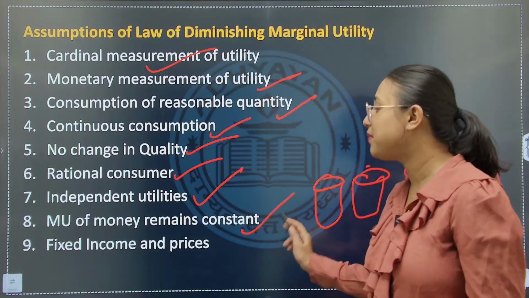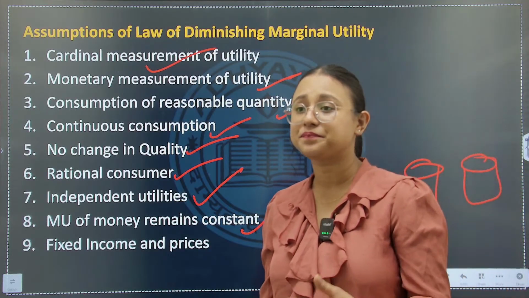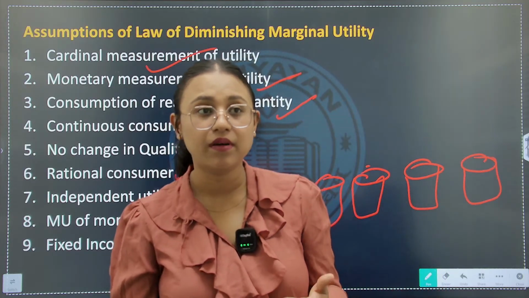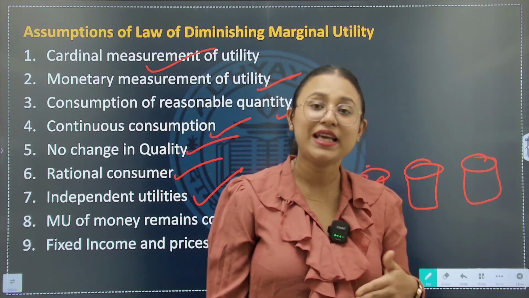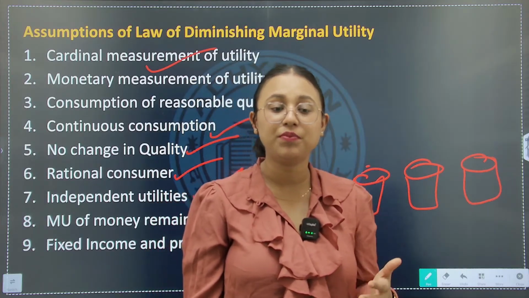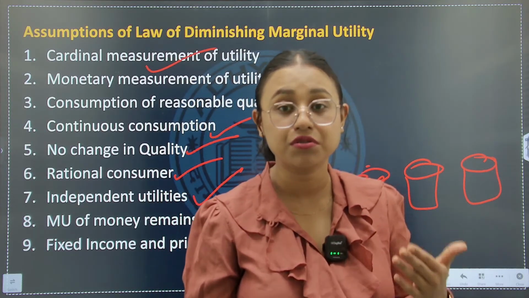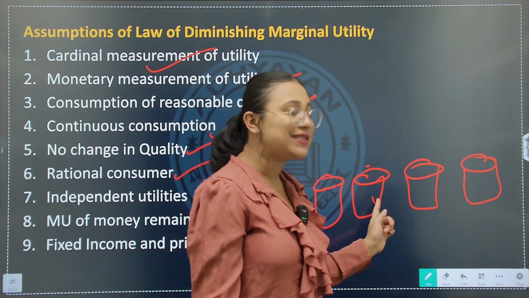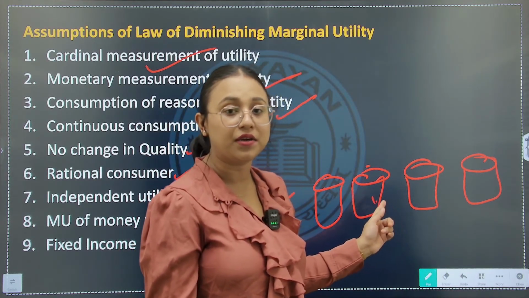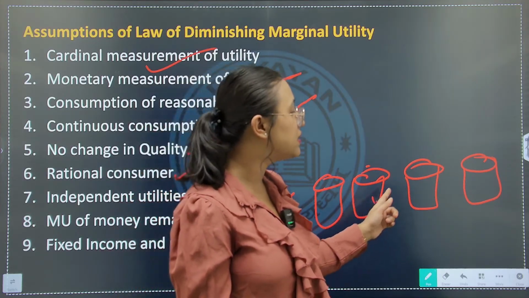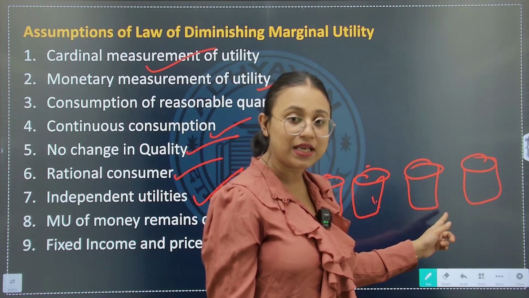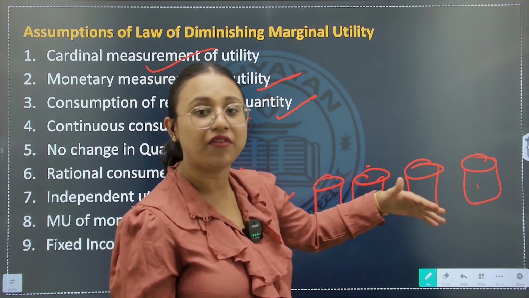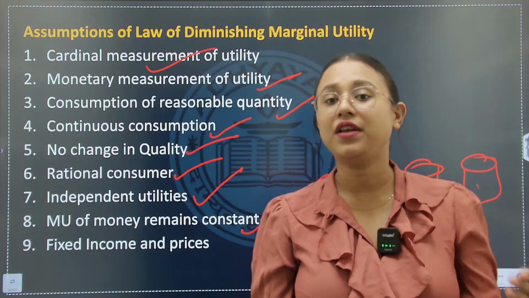Marginal utility of money remains constant. তাৰ মানে তুমি extra unit of the commodity কিনুতে, each extra unit of commodity কিনিবলৈ কাৰণে তুমি যিমানখিনি পইচা খৰচ কৰিছা, it remains same. তাৰ মানে for buying this extra unit of glass of water you spend the same amount just as you spend on buying this glass of water and again on this glass of water. Marginal utility of money remains constant when you drink each glass of water.